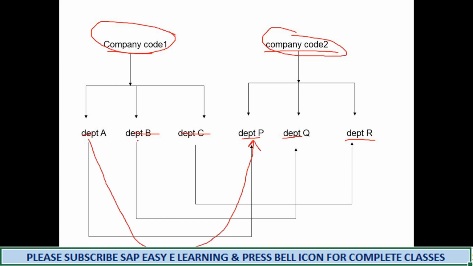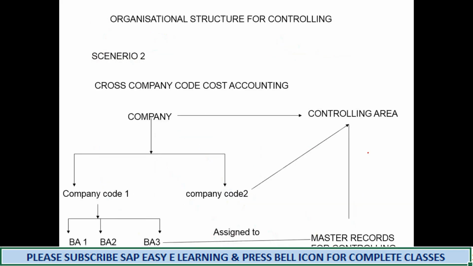Similarly, Department B of company code 1 with Department Q of company code 2, and Department C of company code 1 with Department R of company code 2. At the company code level you can compare the performance, and at the departmental level also. That is the advantage of cross-company code cost accounting.